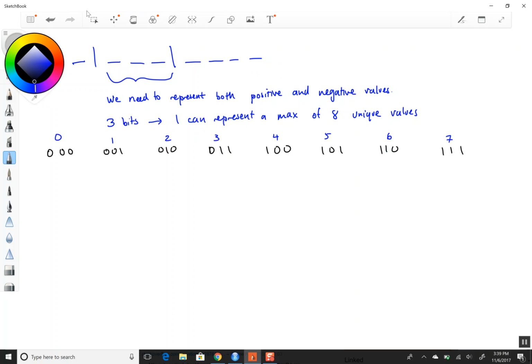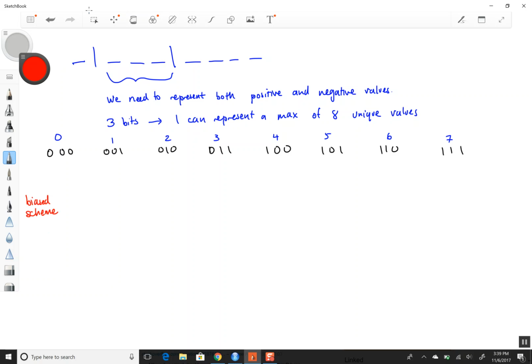However, in order to represent both positive and negative values, we are going to add a bias. This is called the biased scheme, technically for integers.